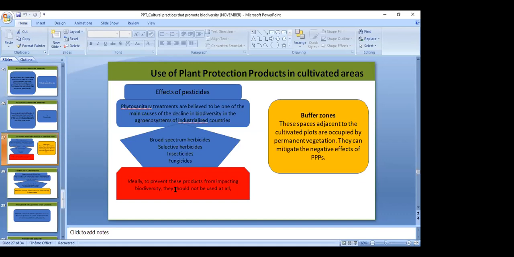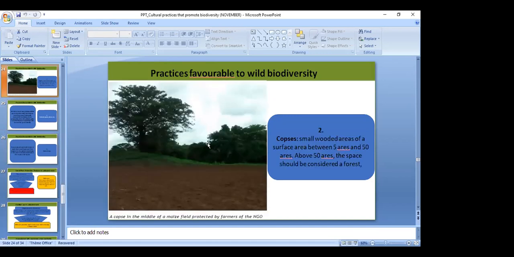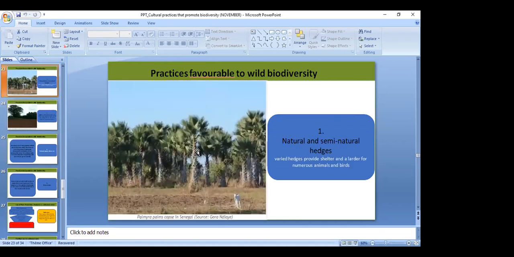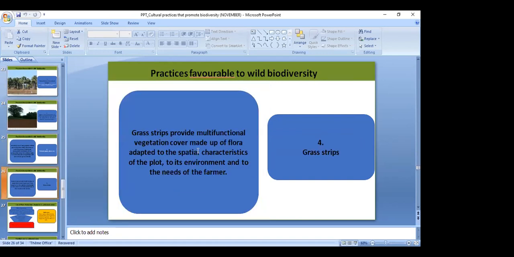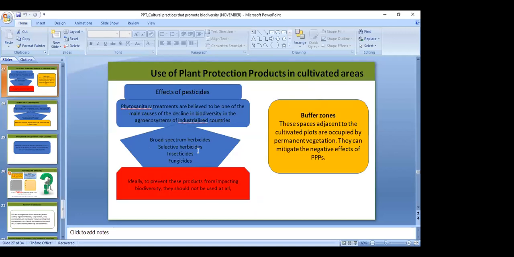So let me take us back a little. The copses that we refer to here, the natural and semi-natural edges, all of this can mitigate against the impacts that the use of plant protection products are having on our farms. They can mitigate against it.